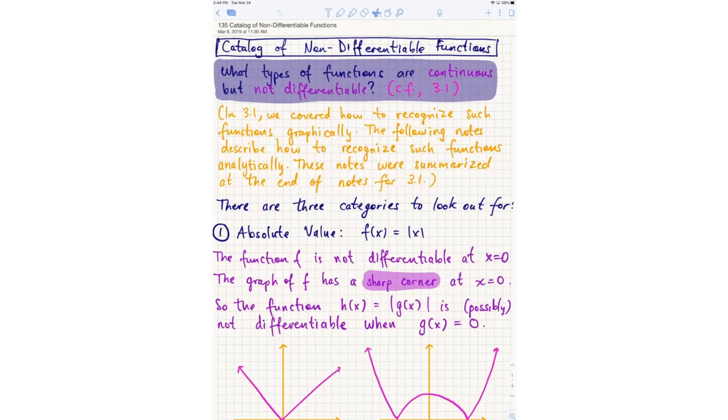The answer is most often going to be it exists everywhere, right? We had a polynomial in the first example, a rational function in the second example, but you should be aware of when the answer is not none. When do I actually have an answer for that question? In particular, what types of functions are continuous but not differentiable?